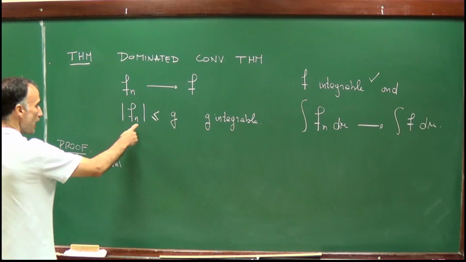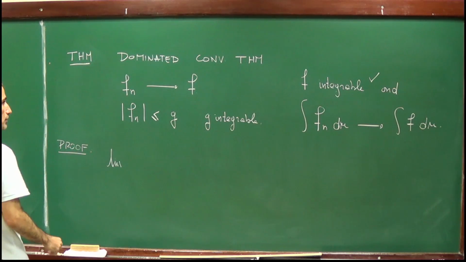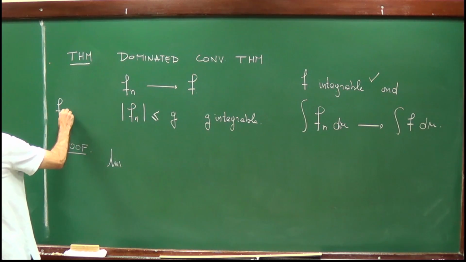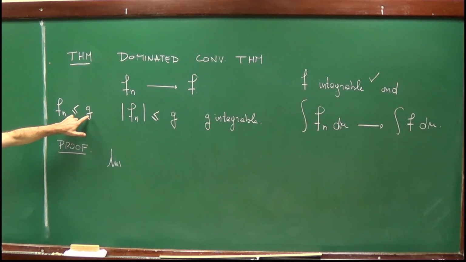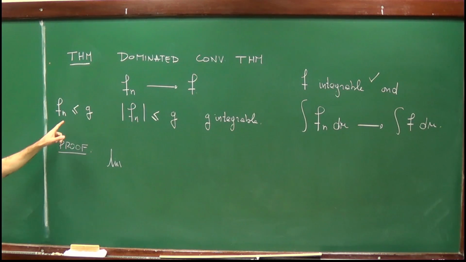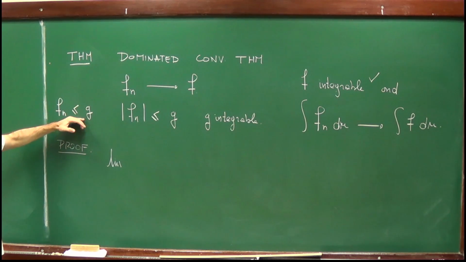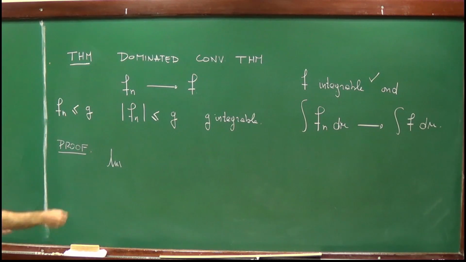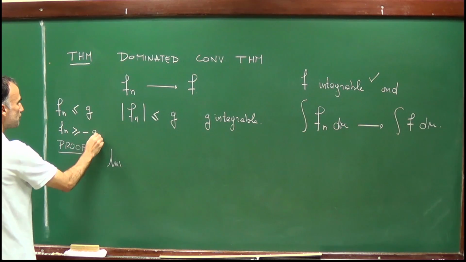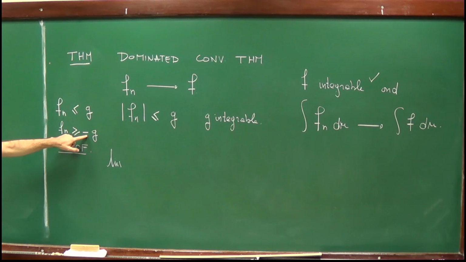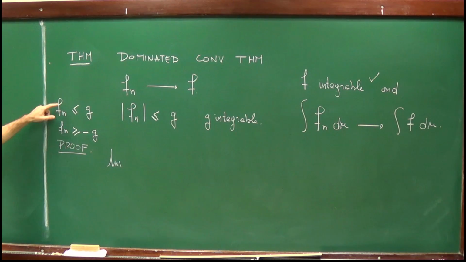So you see that fn is less than or equal to g, which is an integrable function. So we will be able to use Fatou with non-negative functions, but it's also true that fn is larger than minus g, and minus g is integrable, so we'll be able to use both the limit inf result of Fatou and the limit sup result of Fatou, either by using this inequality or by using that inequality.